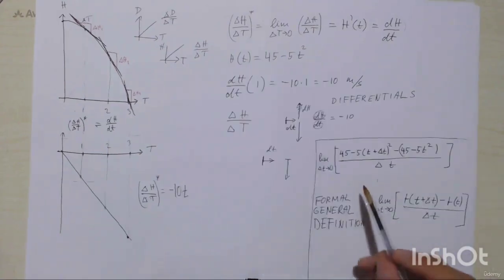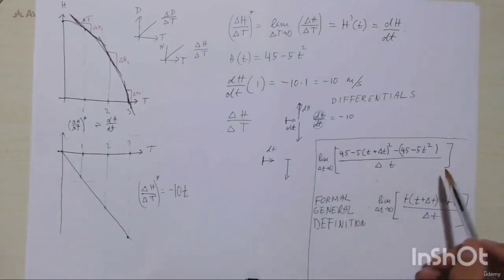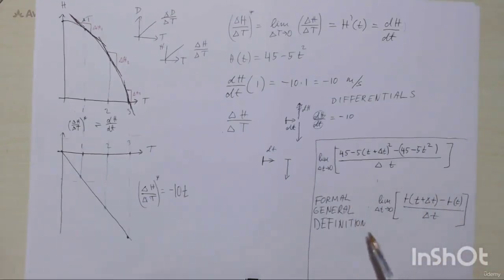So this was our definition for our function, and this is the formal general definition of the derivative, right? Limit as delta t approaches 0, you see that this is a new function, f of t plus delta t minus the old function f of t, and we divide it by delta t.